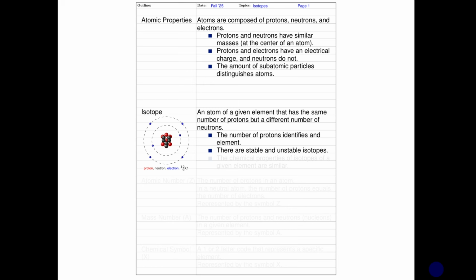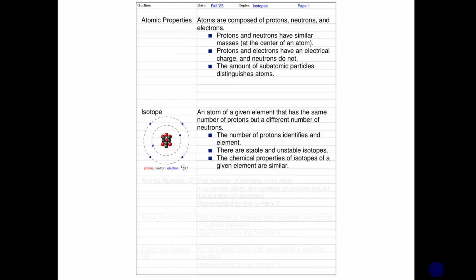Some elements have many stable isotopes, while others, like fluorine, have only one stable isotope but 17 unstable isotopes. Both stable and unstable isotopes occur naturally. The primary or most abundant isotope of an element is sometimes referred to as the standard isotope. For example, when you think of carbon, you usually think of carbon-12, even though other carbon isotopes exist.